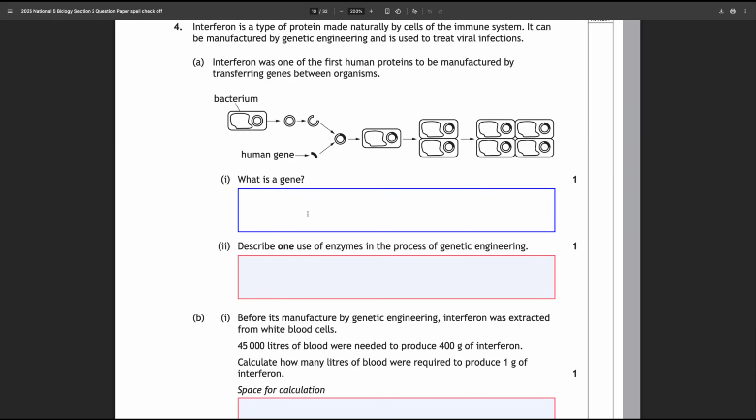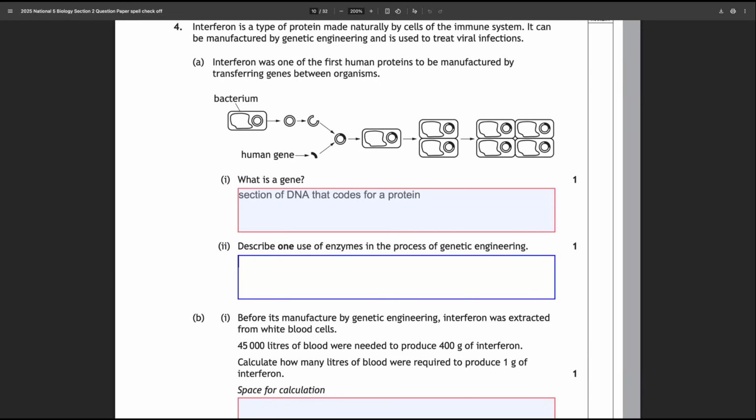But the first question is a definition question. It's asking you what is a gene. And from your notes, you should know that a gene is a section of DNA that codes for a protein. Okay, that's a simple memorization. You just have to learn the definition for the gene.